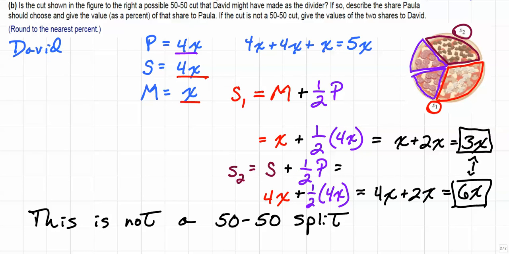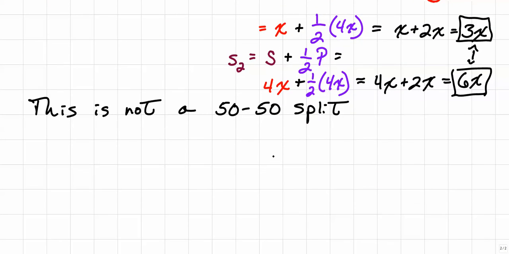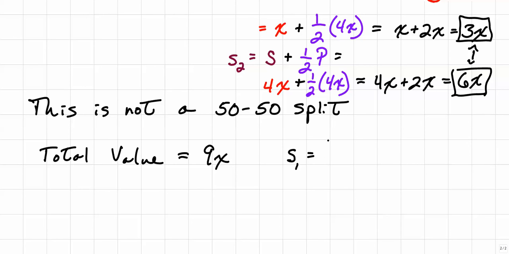Alright, so now remember that the total value of the pizza, according to David, is 9x. Okay, so let's write that down. So now we're going to talk about the ratio for side 1, and that's going to be equal to 3x over 9x, because that's the value of side 1 over the total value.